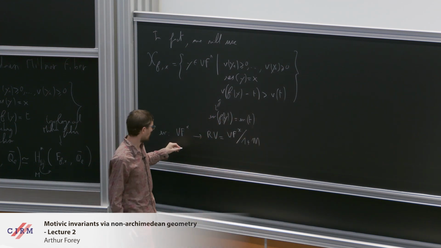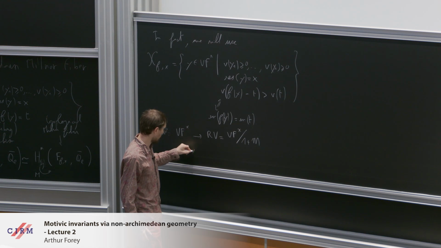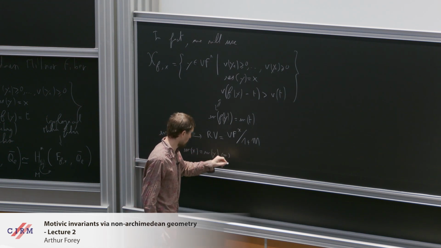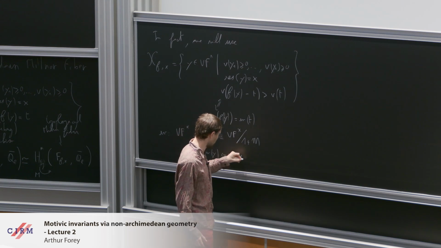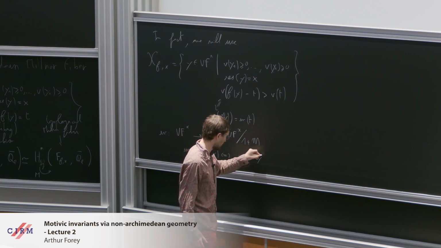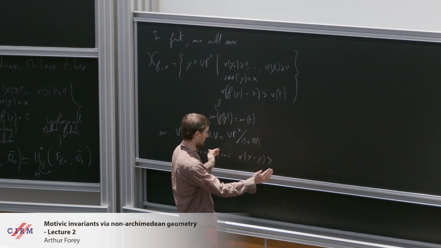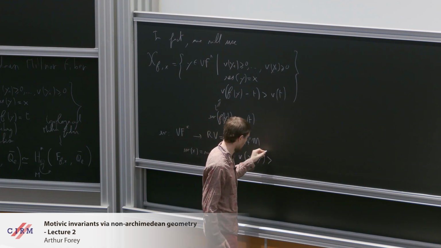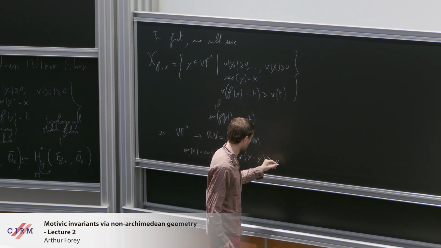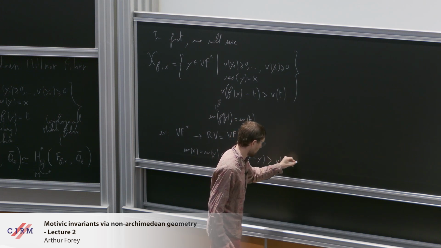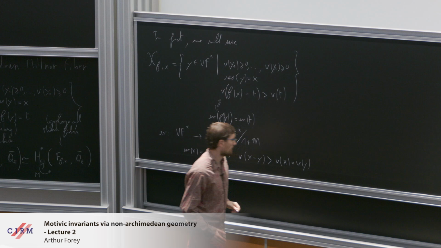And so an element RV of X equals RV of Y if and only if the valuation of X minus Y is strictly bigger. So X and Y must be close, and how close? They must be closer than their own valuation. So the valuation of X is then forced to be the same as the valuation of Y.